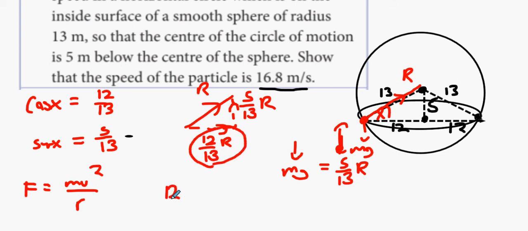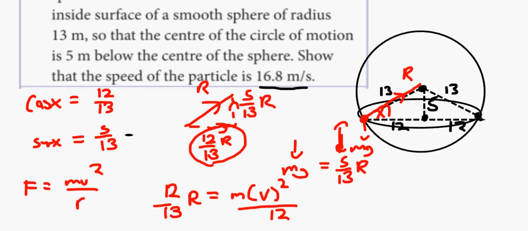So your 12 over 13 R is supporting your mv squared over r. m we don't know, and radius is 12. Oh, sorry, I'm wrong. I'm not allowed to use 16.8; I need to show that it's 16.8. Be careful never to make that mistake. If you're asked to show that it is, you're not allowed to use it.